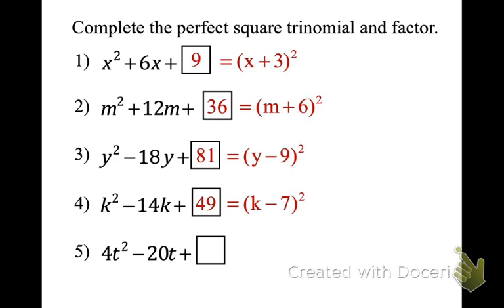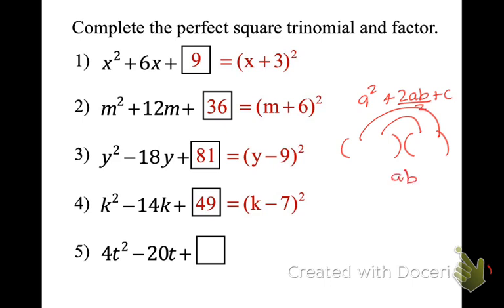Okay, this one is a little bit different. First of all, remember that in a perfect square trinomial, it's a squared plus 2ab plus b squared. To get one of these, I know that I'm going to have to divide it by 2, right?